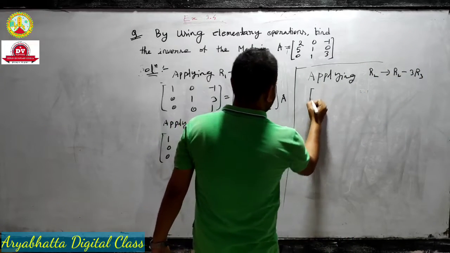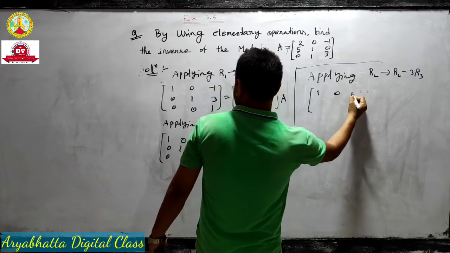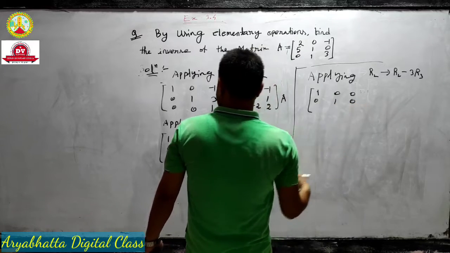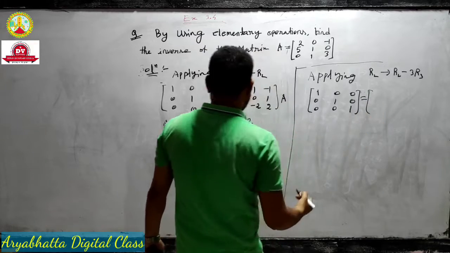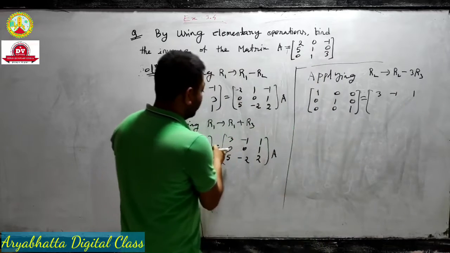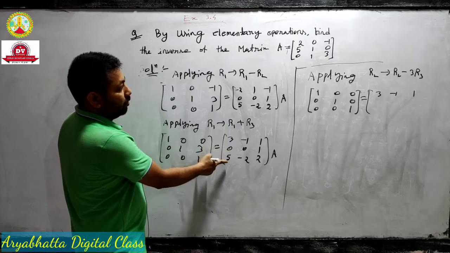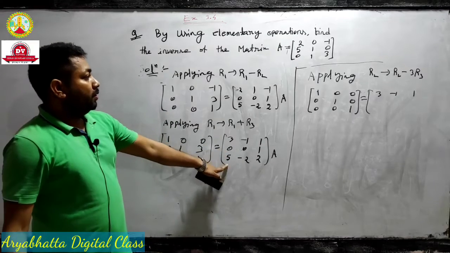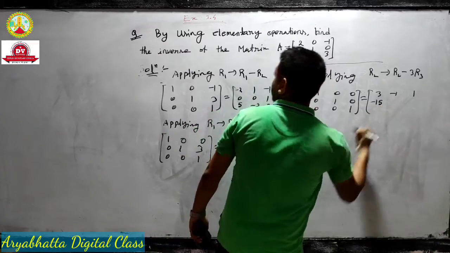Then we have 1 0 0, 0 1 0, 0 0 1, equal to 3 minus 1 1. R2 tends to R2 minus 3 into R3. 0 minus 3 into 5, 0 minus 15. This is equal to minus 15.